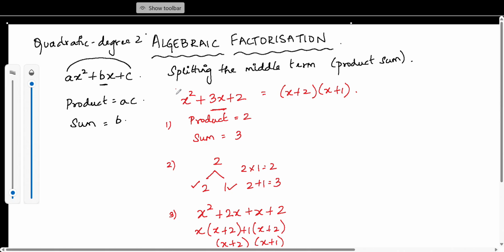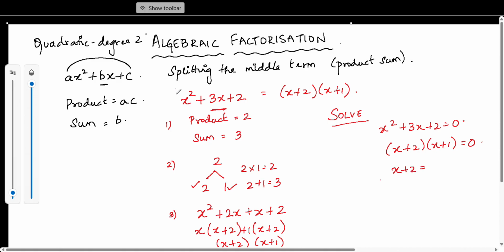If the same were extended by saying solve x squared plus 3x plus 2 equal to 0, it's the same step that we do till now. We factorize using product sum and get this. But just that the sum doesn't stop here, you equate it to 0. If the product of two terms is 0, we know one of them has to be a 0.